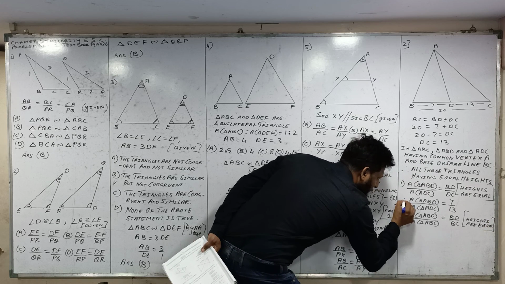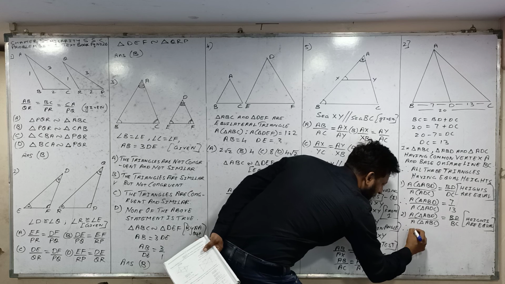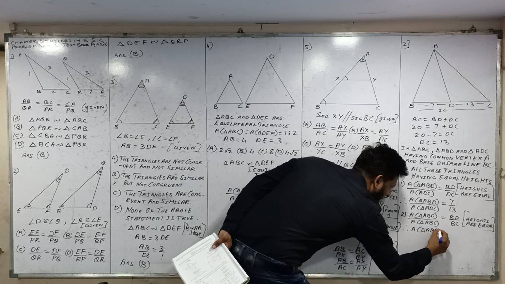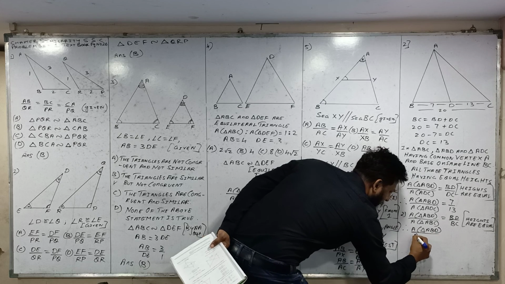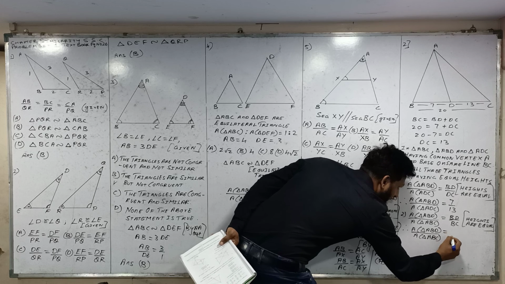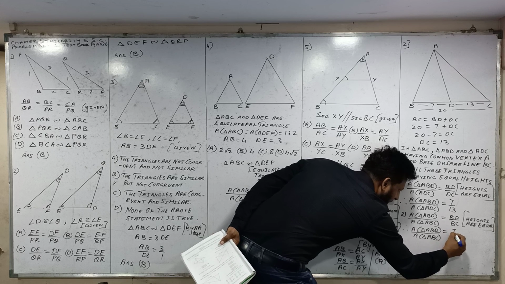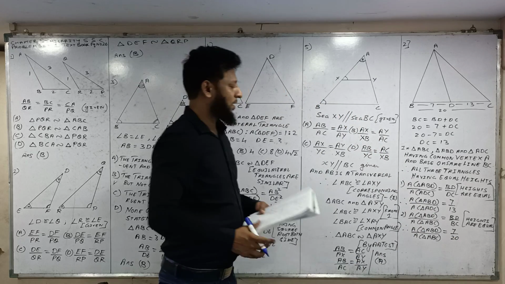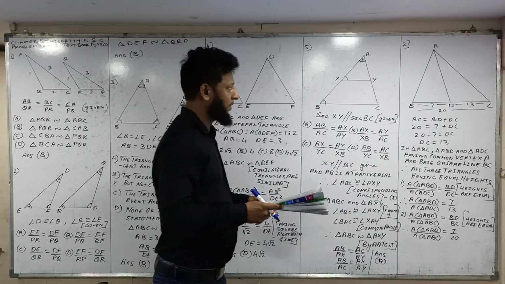Therefore, the area of triangle ABD upon the area of triangle ABC: BD is 7 and BC is 20. So the area proportion is 7 upon 20.